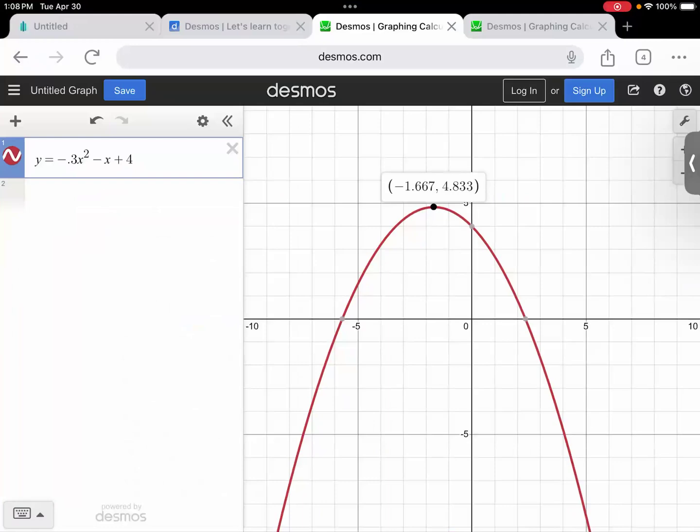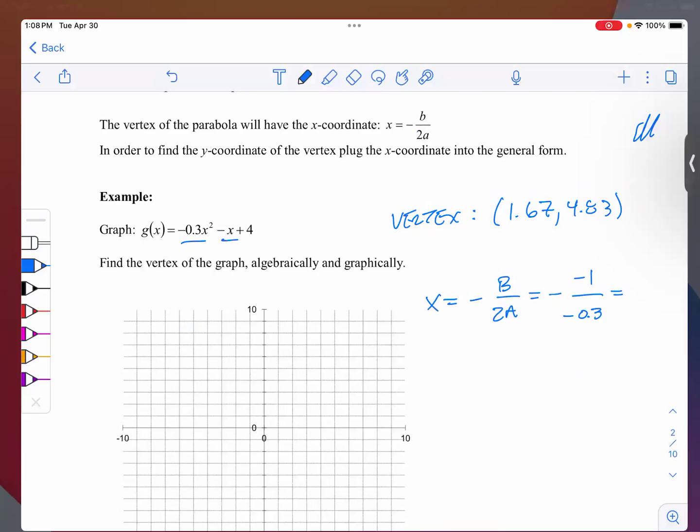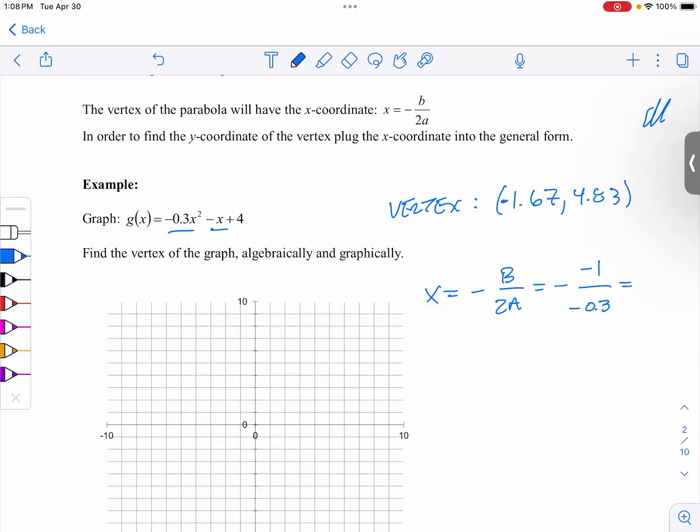Oh, negative 1.67. And we would see we get the same number out. Then you take that x coordinate, you plug it back in, right? You find g of negative 1.67. Plugging it in, and you would of course get 4.83.